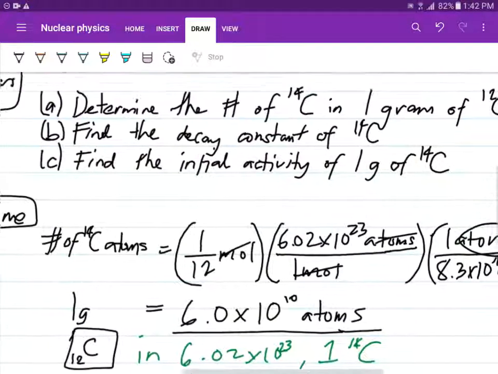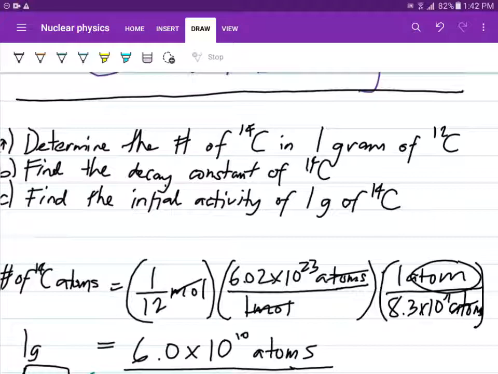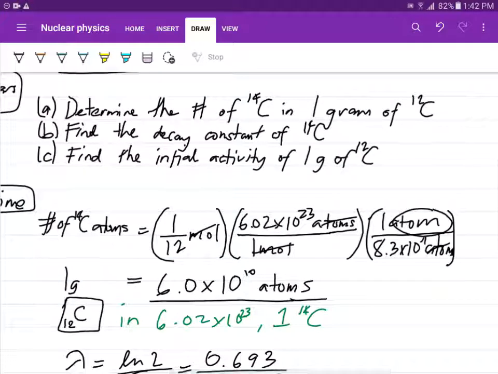And last, we have to find the initial activity of 1 gram of carbon 12. So let's recap a bit. In 1 gram of carbon 12, you have 6.0 times 10 to the 10 atoms of carbon 14.